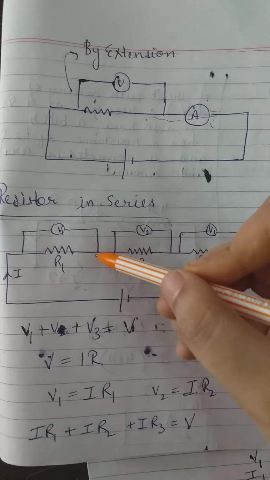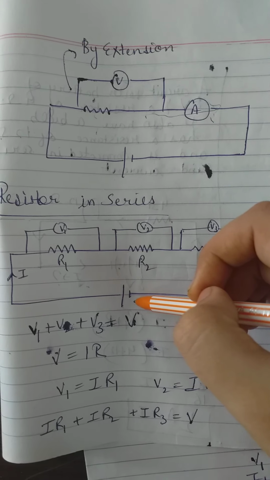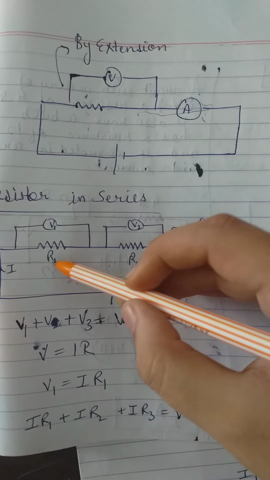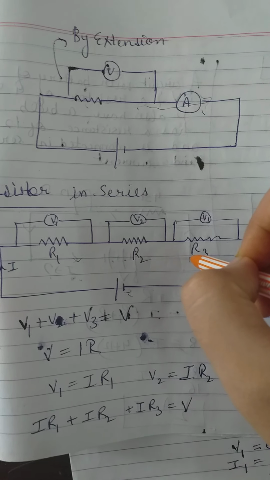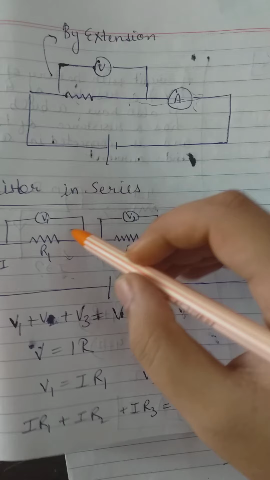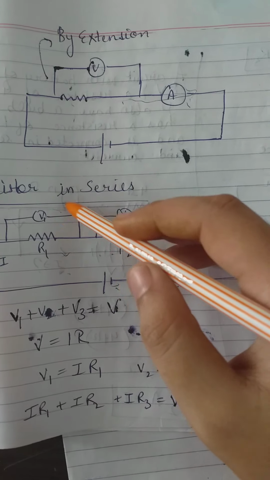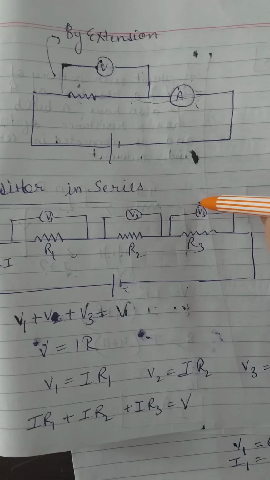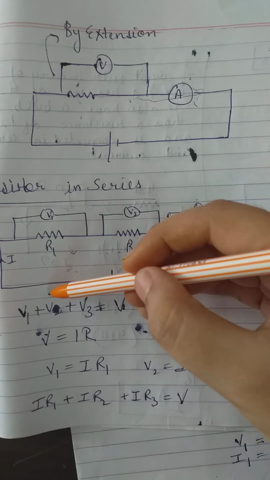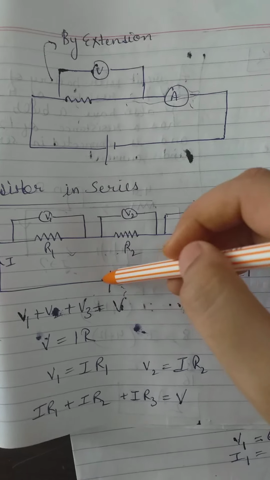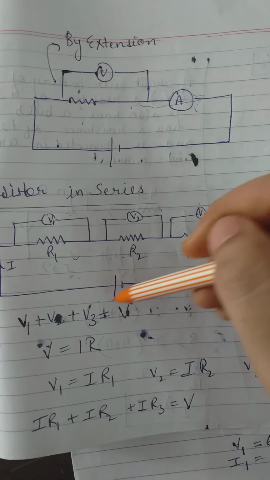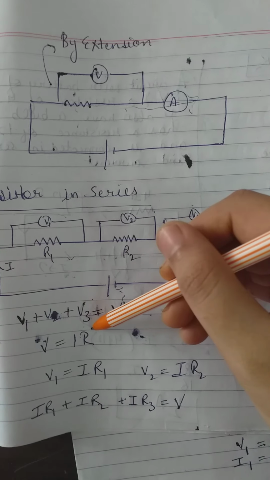So please kindly note this circuit. There is a potential, a voltage, and a current flowing through the circuit. There are resistors R1, R2, R3 connected in series, and the voltage across the resistors is V1, V2 and V3. So V1 plus V2 plus V3 is the total voltage, represented by capital V. According to Ohm's law, V is equal to IR.